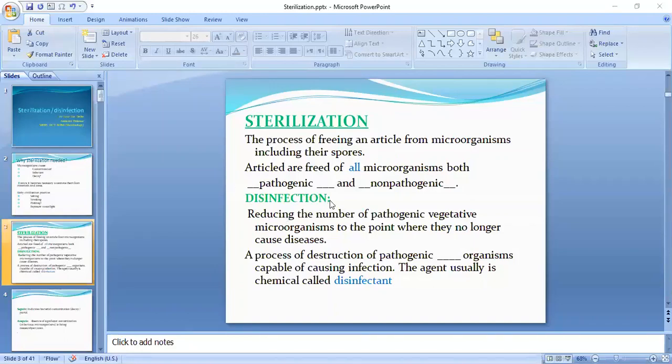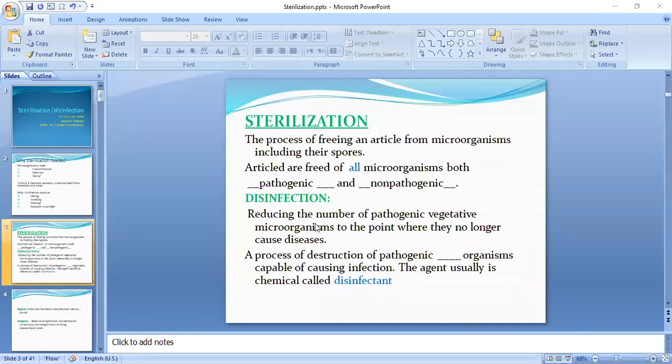And another term is disinfection. This is defined as a process of reducing the number of pathogenic vegetative microorganisms to the point where they no longer cause disease. So there is somewhat of a difference between these two terms. Sterilization is freeing of an article from all bacteria, all the microorganisms, either pathogenic or non-pathogenic.